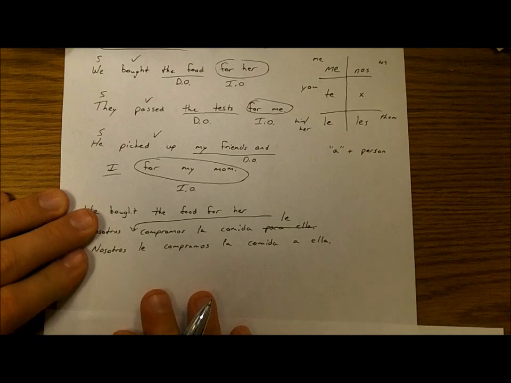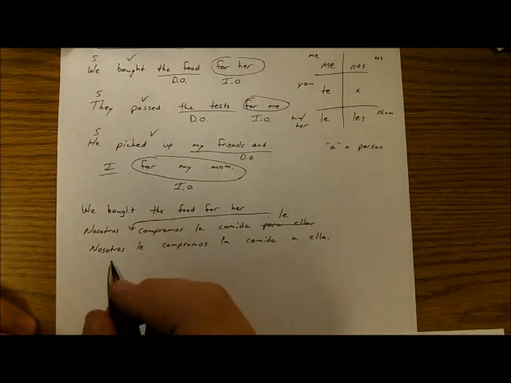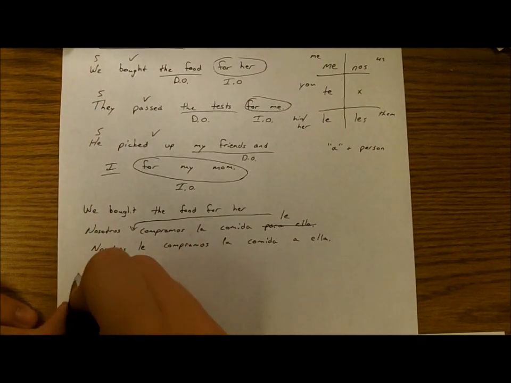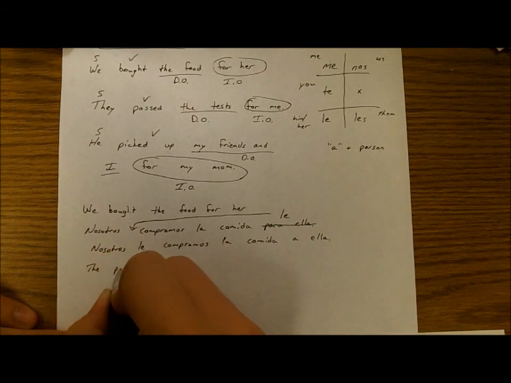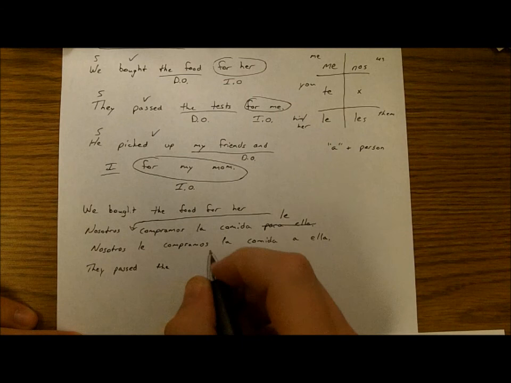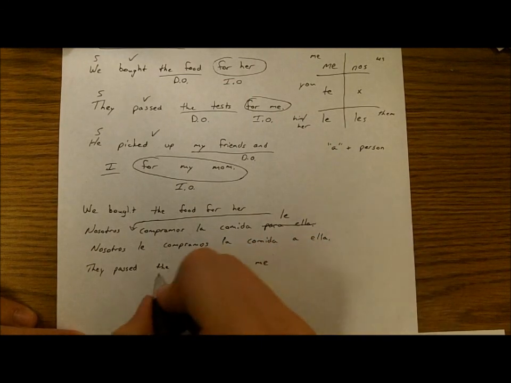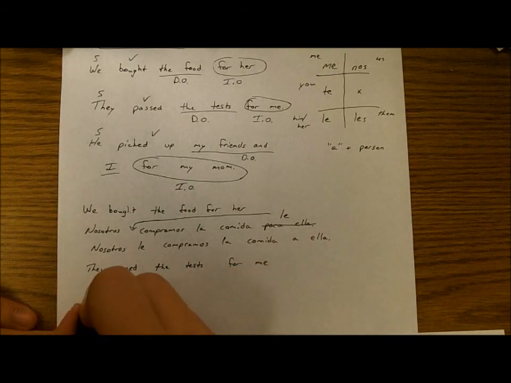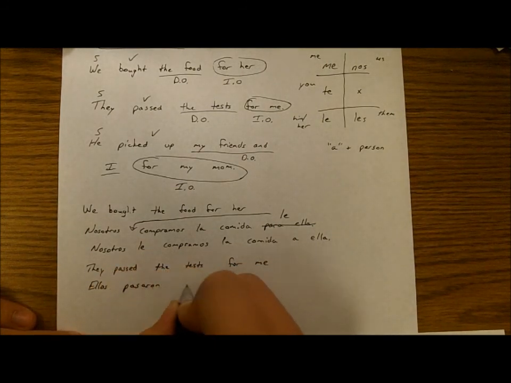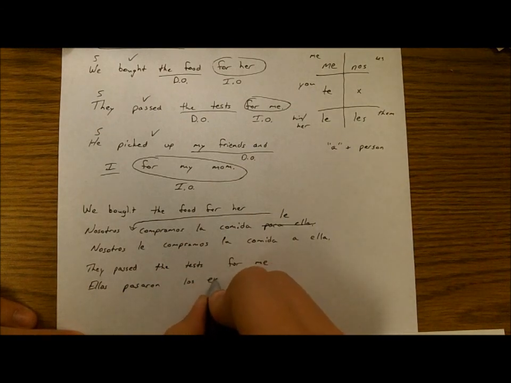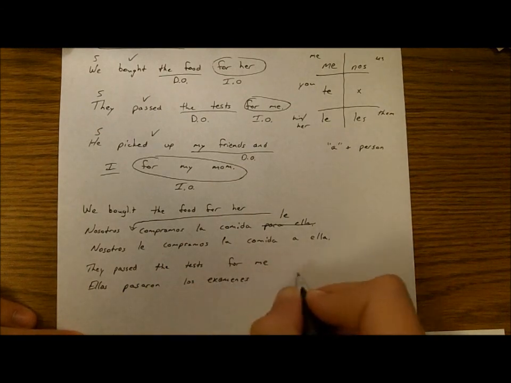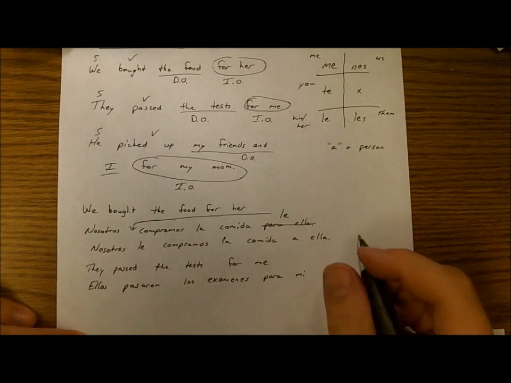So, the next example we had was they passed the tests for me. Therefore, they, we know it's ellos, pasaron los exámenes para mí.